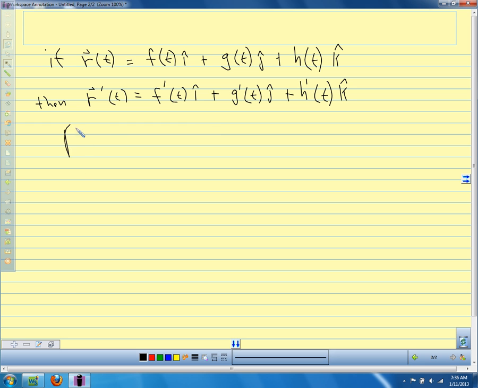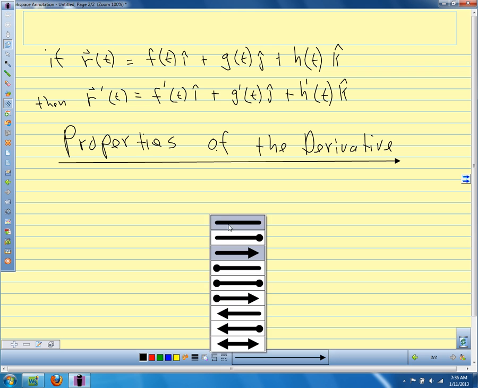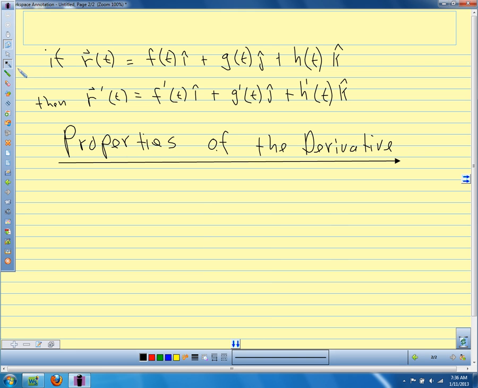So our properties. The first ones are really easy. We're just dealing with scalar multiplication and that kind of thing. And then we get into the more interesting ones.